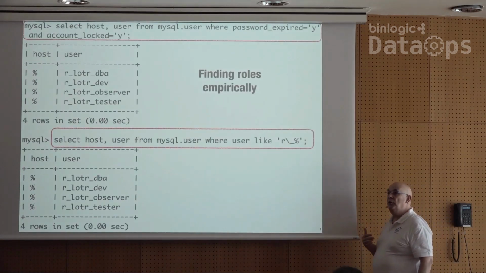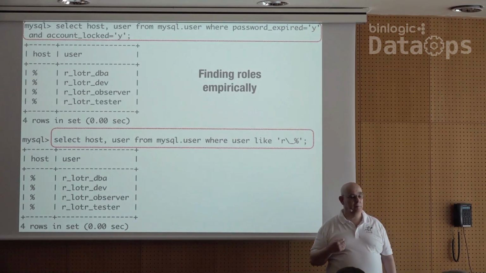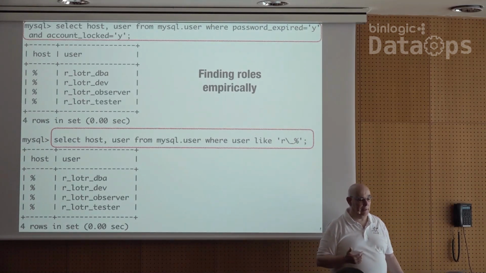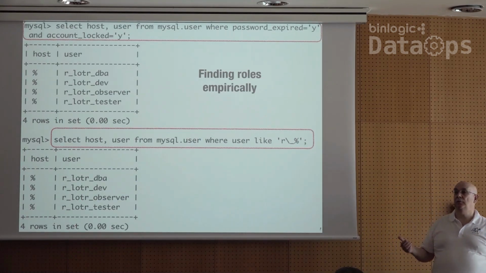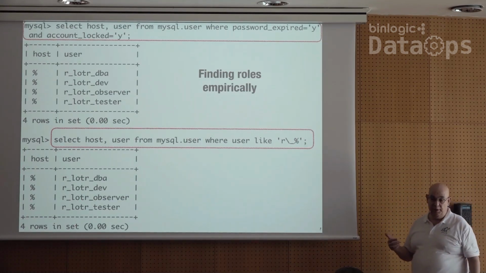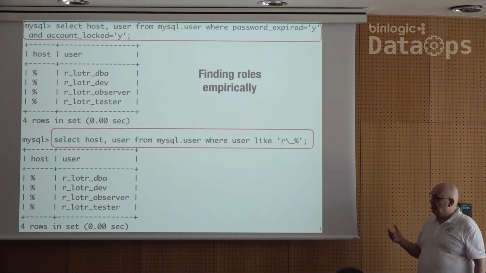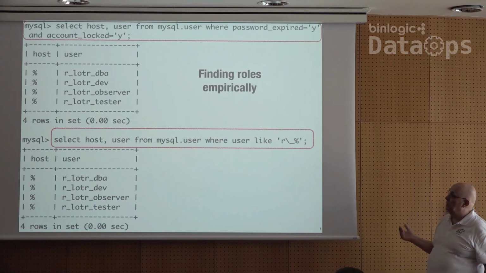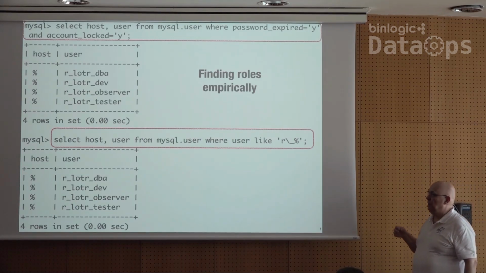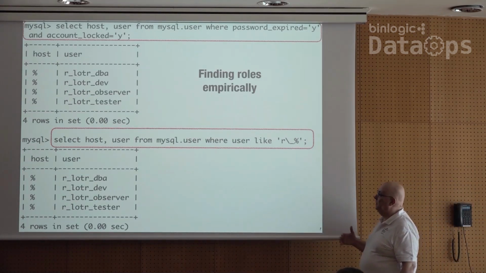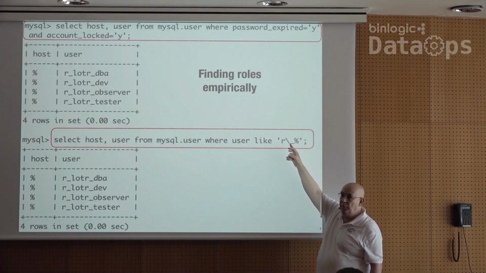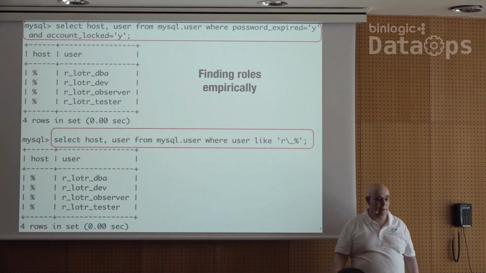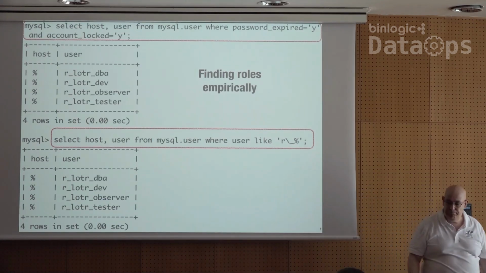As I mentioned before, you can find the roles empirically. So you can say which users have a password expired and the account locked. So in this case, you find the user. But using the convention that I was using in this example, if you search for users whose name starts with R_, you will find them.